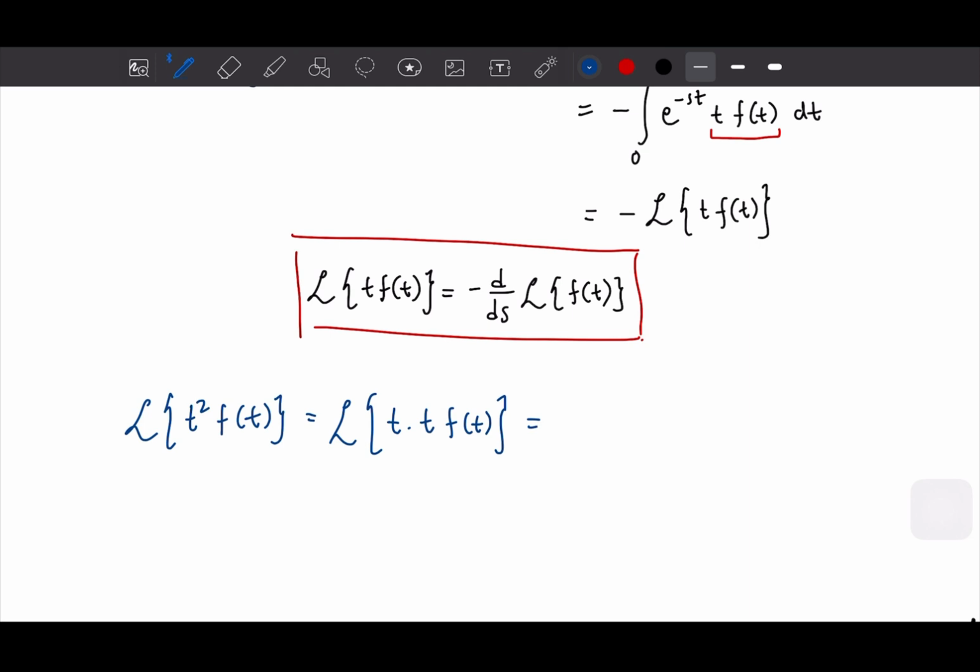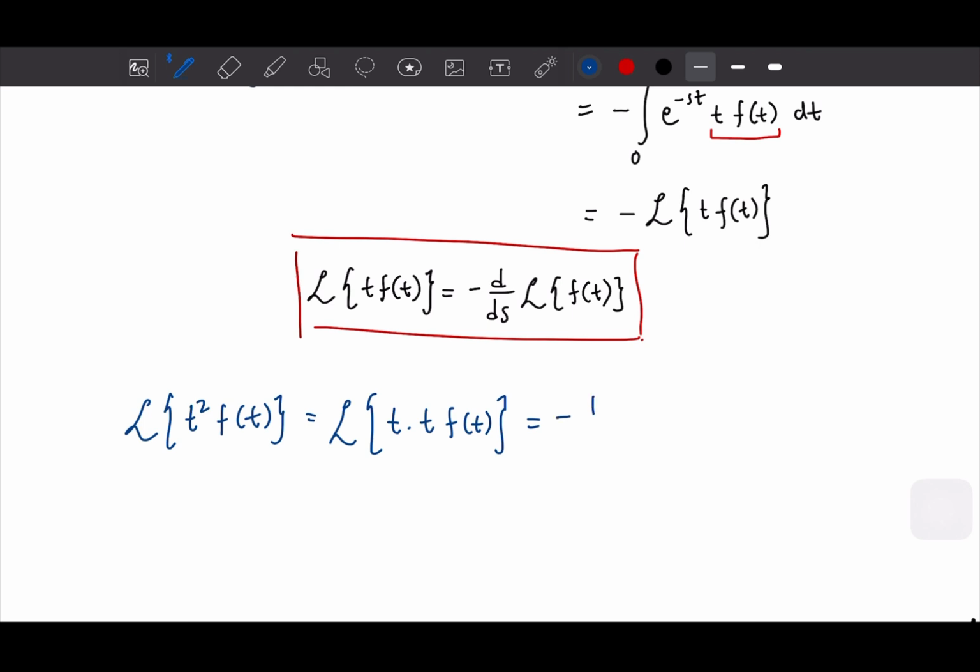Which means we could think of the first t as negative d/ds, so this is negative d/ds of t f(t), and the other t will be negative d/ds too. So this will be the second derivative. Or not the second derivative, it's squared, sorry.